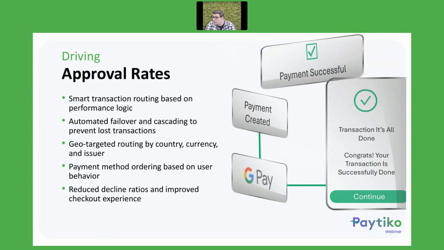Now, one of the key elements of payment orchestration, and this is where it really makes a difference, is when it comes to the approval rates. Let's say that you are about to expand to a new market. Let's say that you want to start targeting a new country. Two things are very important.